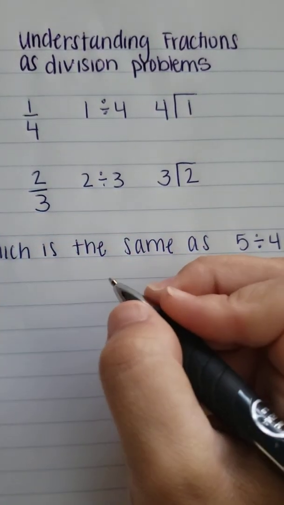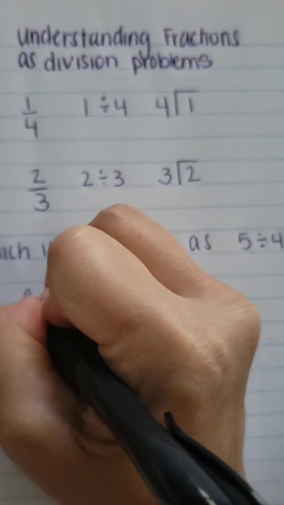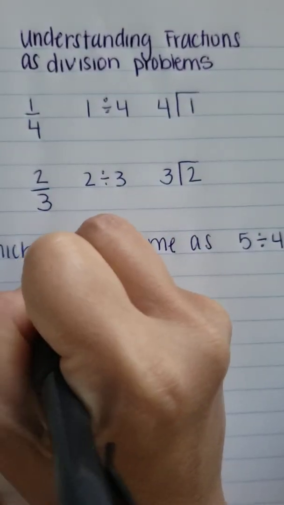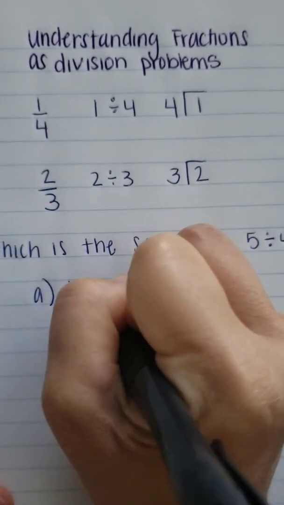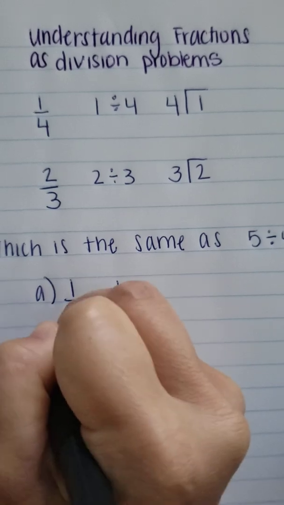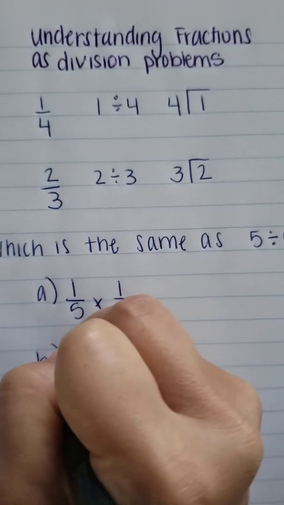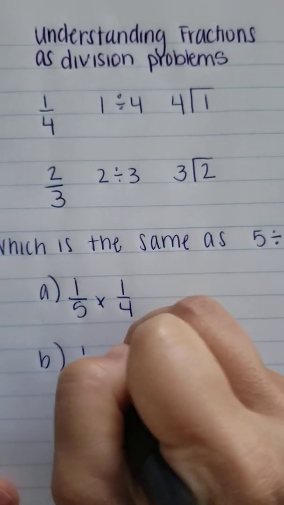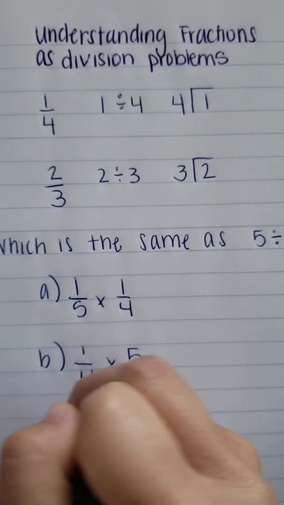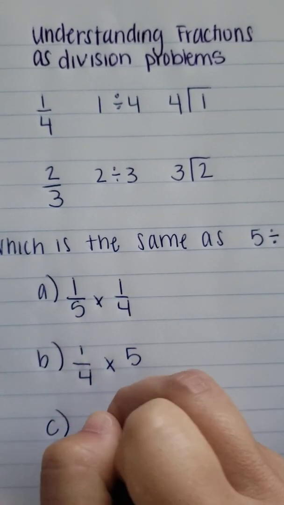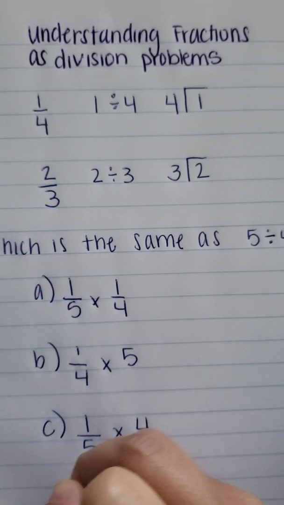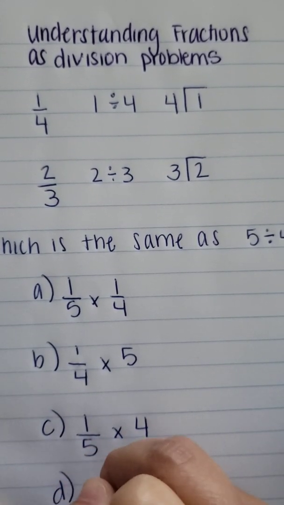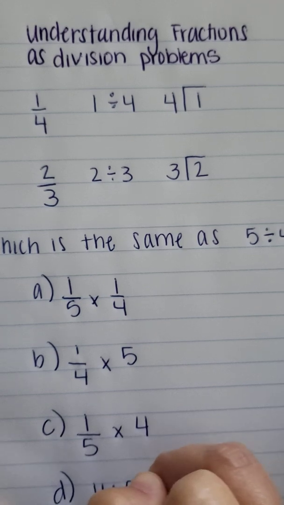Something like A, we could say 1/5 times 1/4. B, 1/4 times 5 wholes. C, 1/5 times 4 wholes. And D, 4 divided by 5.